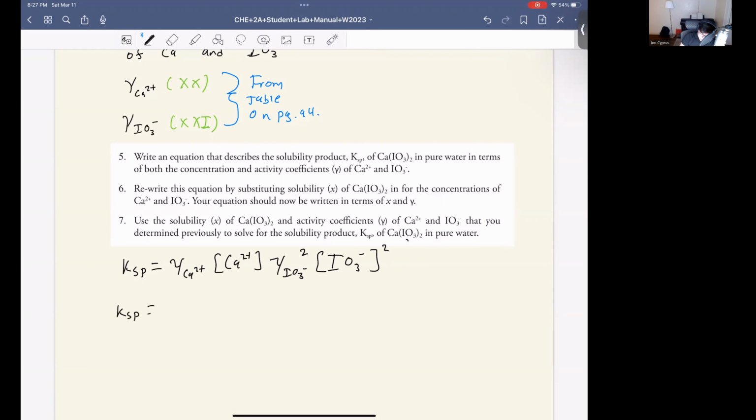Now, to note, the concentration of iodate is everything in the solution, not just what was produced by the calcium iodate. If we write this in terms of x, that is an x for the concentration of calcium, that's just how we're defining it.